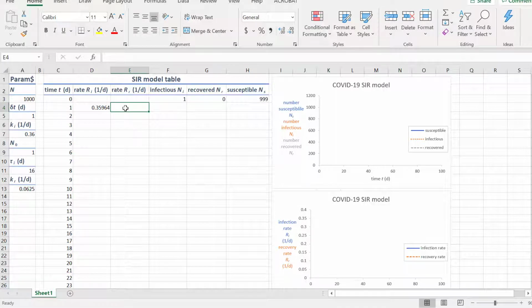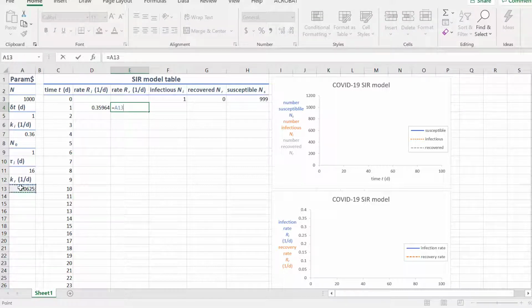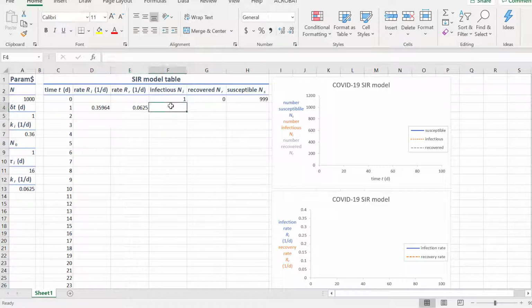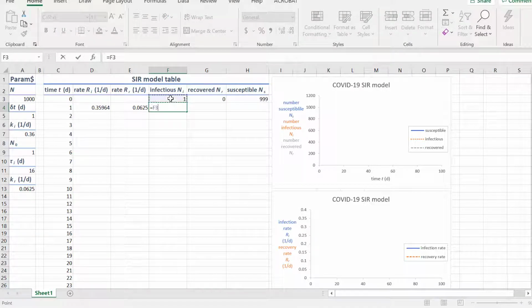And then RI, which is the recovery rate, which is equal to the recovery rate constant, and we have to hit F4, times NI old, which is that guy, hit enter. And then the new NI, this is our update equation, the new NI is the old NI plus the change, which is open paren the infection rate minus the recovery rate, close paren, times delta t, which is a parameter, so we have to hit F4.